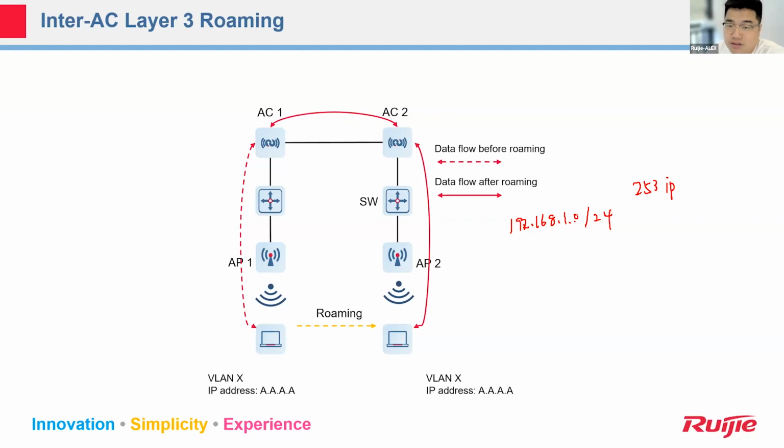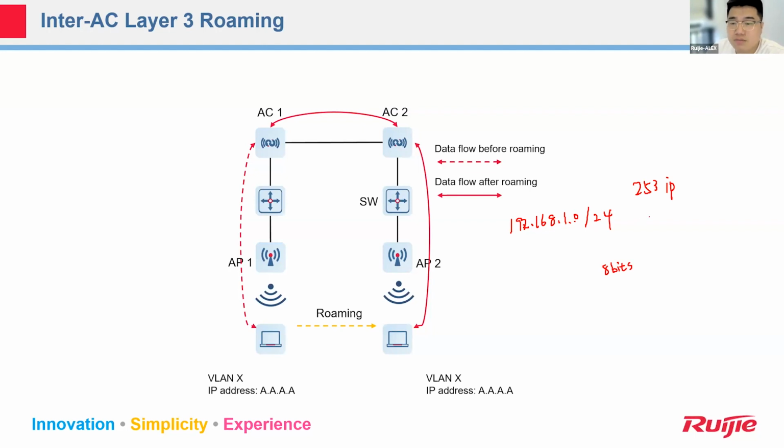And since the mask length is 24, we only have 8 bits for the host part, the host address. For example, 1.1, 1.2, 1.3.